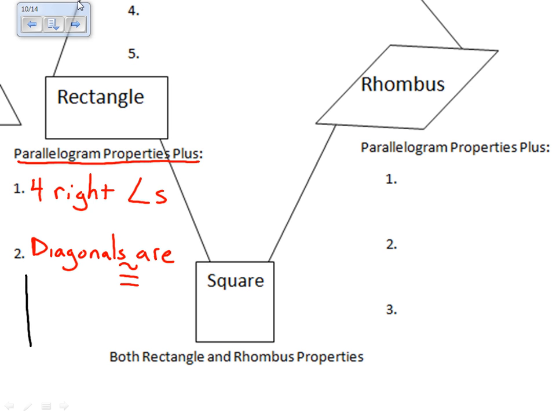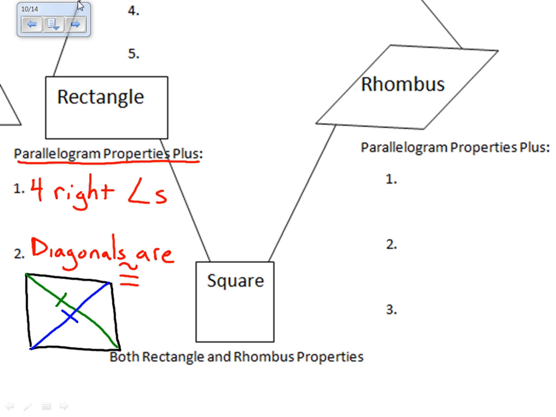Looks like this. Draw a rectangle. Draw your diagonals. There's your other diagonals. What it's saying is that the whole blue line, the entire thing, is congruent to the entire green line. Okay?